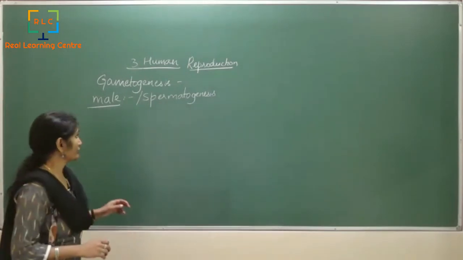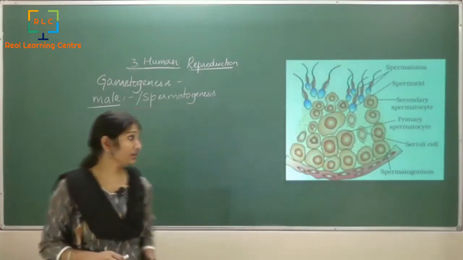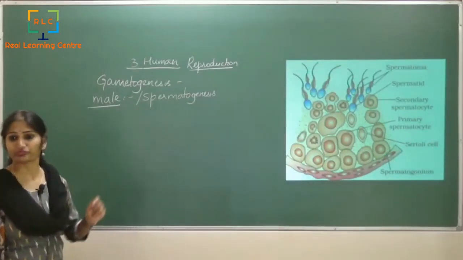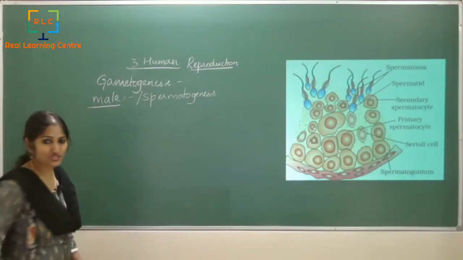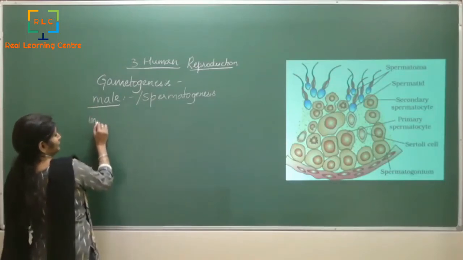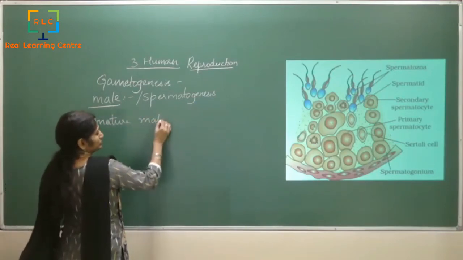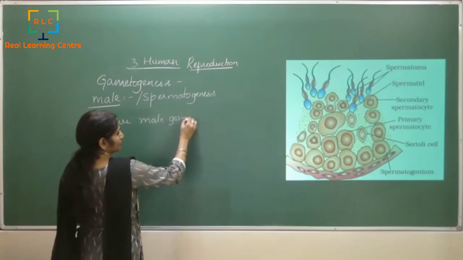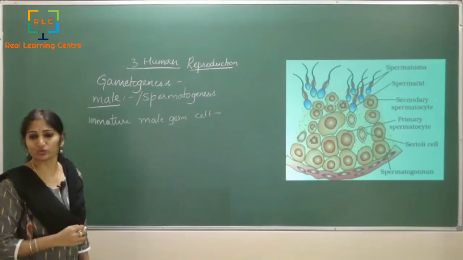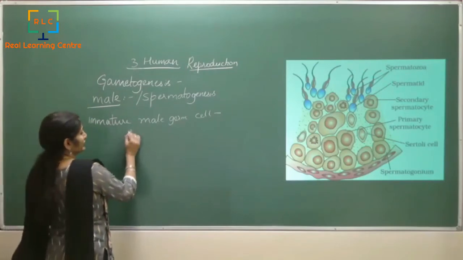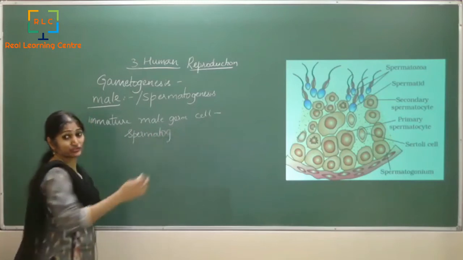Okay, so we have the immature cells. These immature male germ cells are called the spermatogonia. So this was in the seminiferous tubule, right?